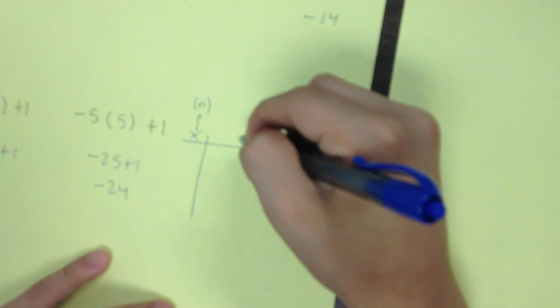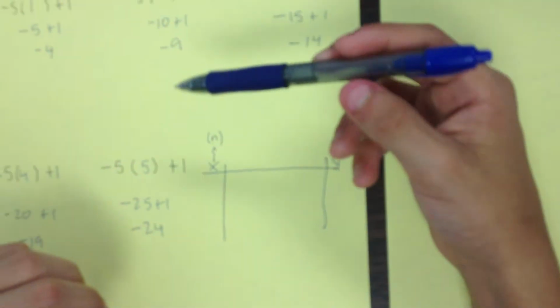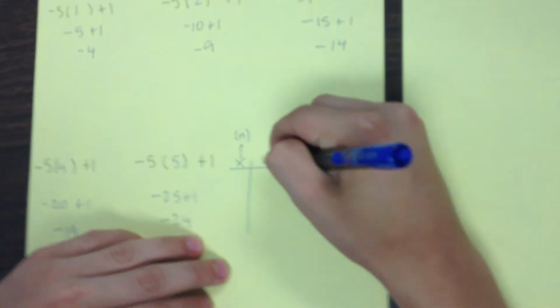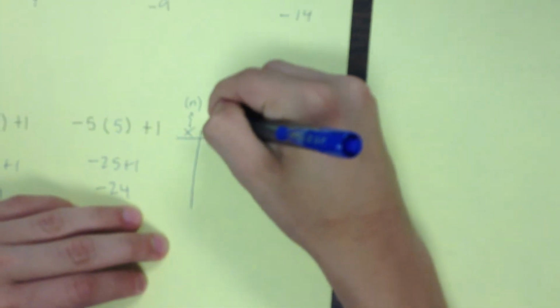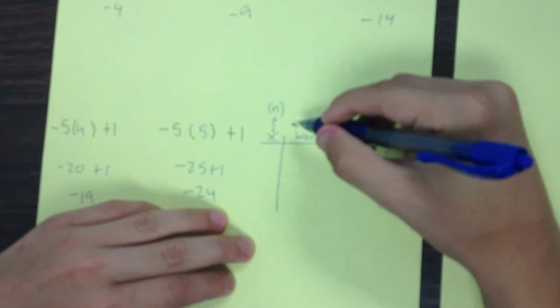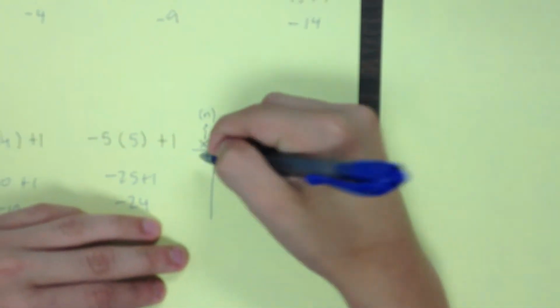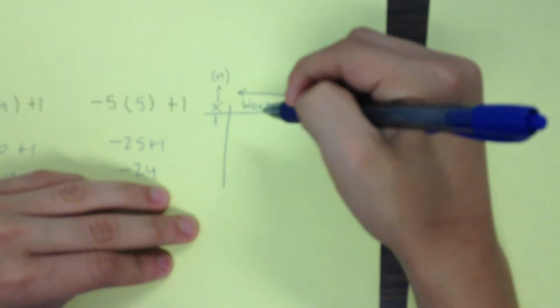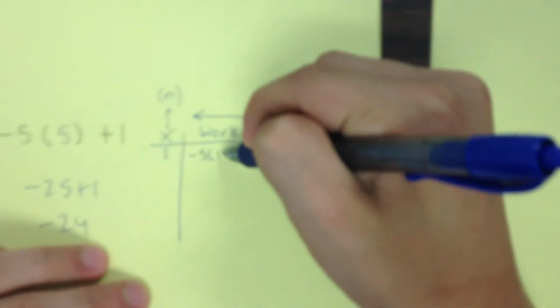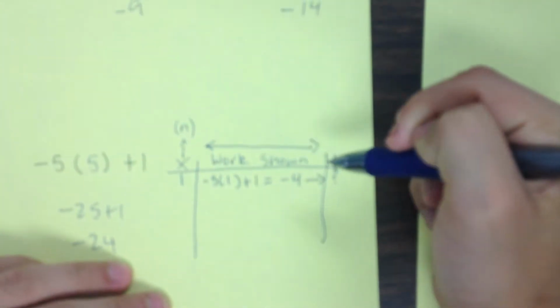And the middle is the work shown to get from the n to the y. So you could do 1, and then you want to know what your y is, so you plug it into the equation and you get negative 4. So that's this y value.